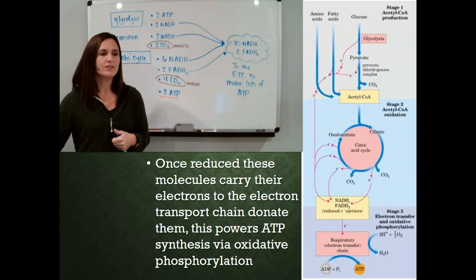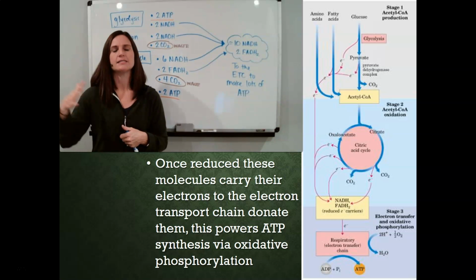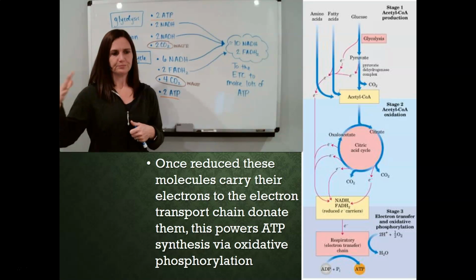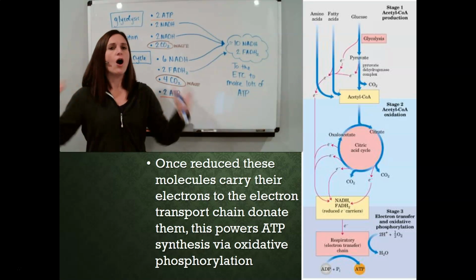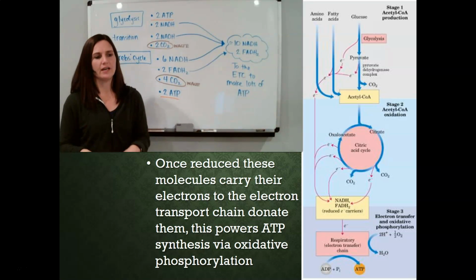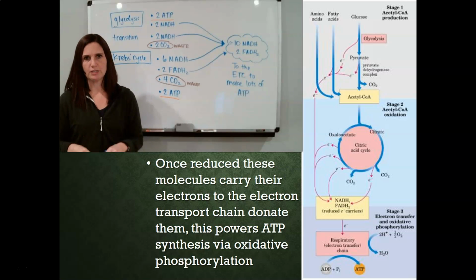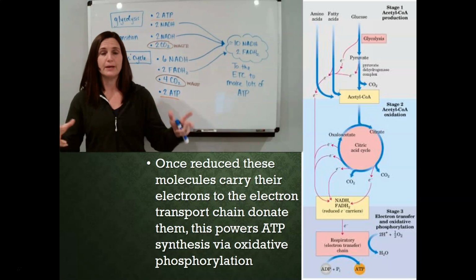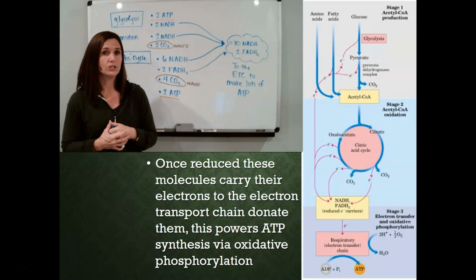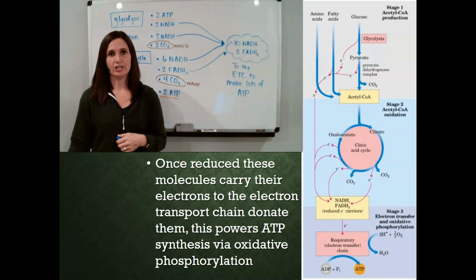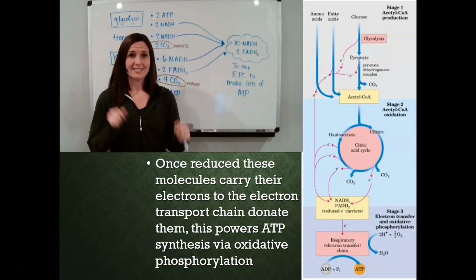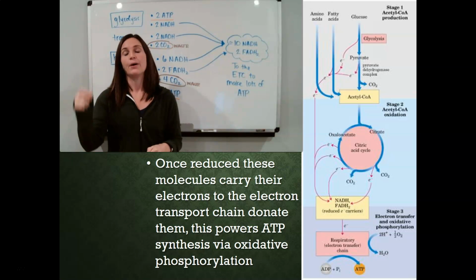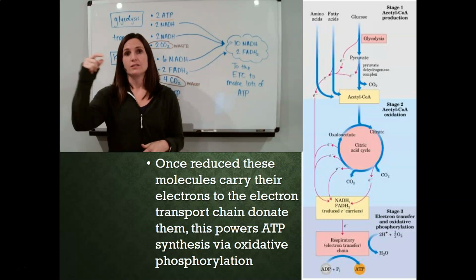But all of the electrons from glycolysis and from the Krebs cycle and from the transition, all of those electrons are now moving to the electron transport chain, which is the big ATP making portion of cellular respiration. And this is where I'm going to leave you guys for today, and we're going to pick up the electron transport chain tomorrow.